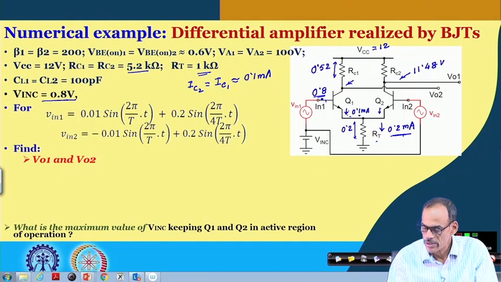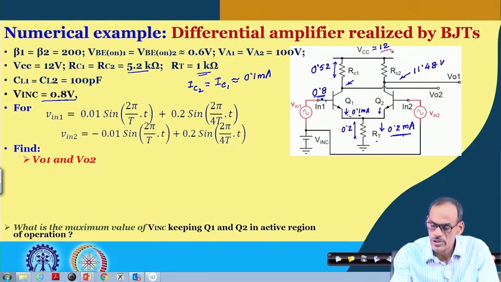So, you may feel that once this DC voltage is closer to the supply voltage, the signal swing towards the positive side is very limited. It will be theoretically only 0.52. On the other hand, on the negative side we do have very good swing. It can go as low as 0.2 volt here, plus VCE SAT, which is 0.3.